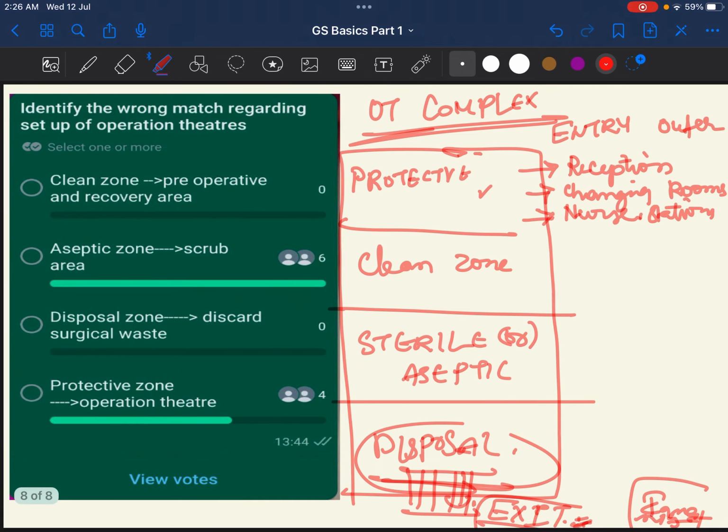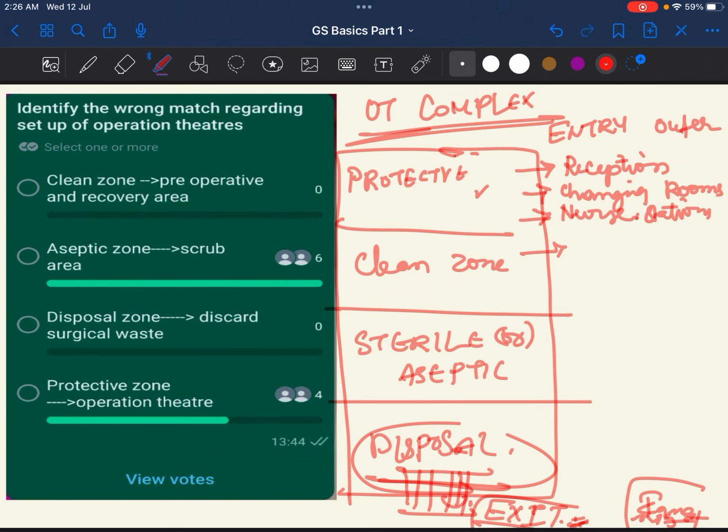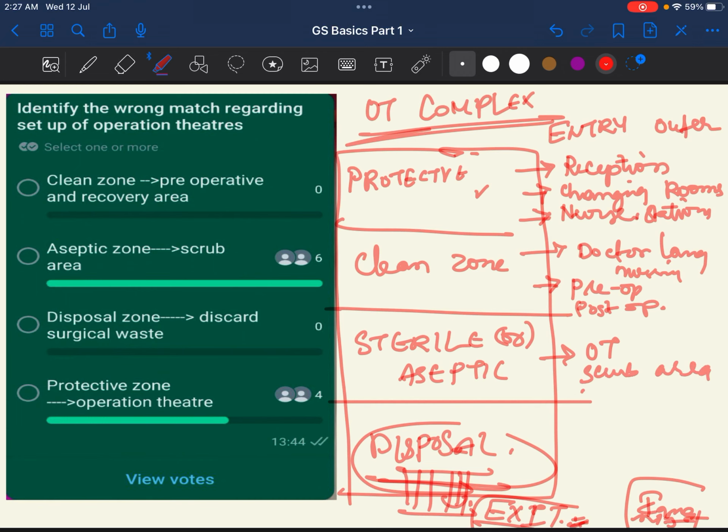In the clean zone there will be doctor lounges or nursing lounges, and pre-op and post-op patient care rooms. In the sterile zone there are the OT theatre, scrub area and OT equipment like the robotic machine and laparoscopic machine. And at the last, the disposal area, we should always dispose of the surgical waste.